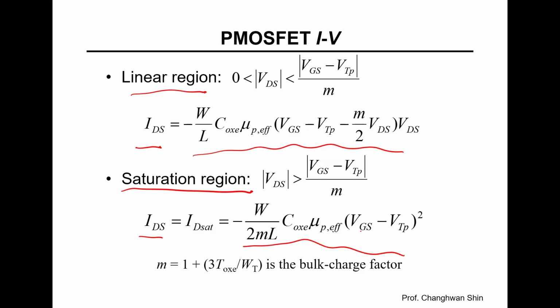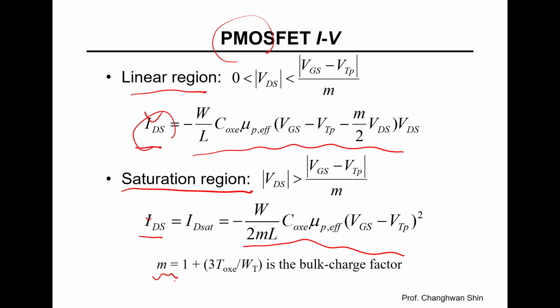It is noteworthy that for PMOS, both VDS and VG minus VT are negative, and consequently IDS is also negative. However, in practice, we often work with the magnitudes of these values. The bulk charge factor m, 1 plus 3 times TOX over WT, applies to PMOS just as it does to NMOS, accounting for the depletion region effects beneath the channel.